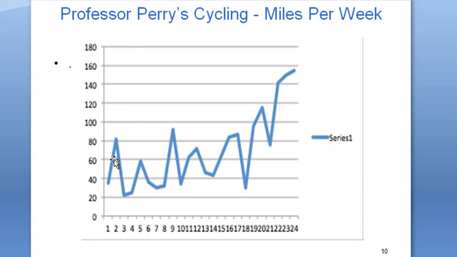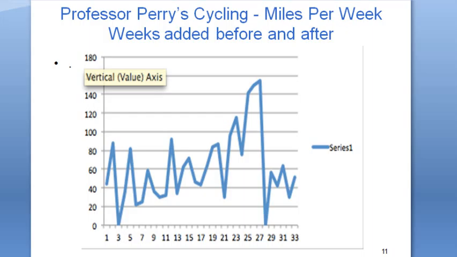You can see it has its ups and downs, but generally there's a good upward trend. And so that's the message. You can tell I have a fair bit of statistics on this. If you want to know the elevation by week, I can give you that, the elevation per ride, the miles per ride. I have data after data on this. Now, let me give you a couple weeks before and some weeks afterwards. Take a look.